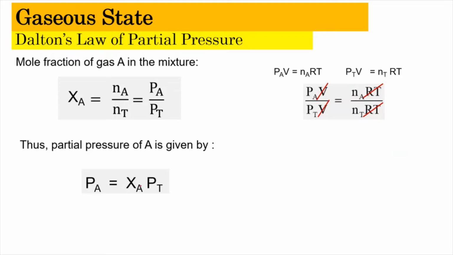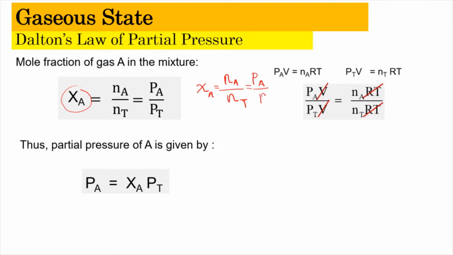And similarly, we can use the mole fraction in order to get the ratio of the components. So let's say if you have a mole fraction of A, it is equal to the number of mole of component A divided by the total number of moles present inside the container. And the number of mole here is directly proportional to the pressure.